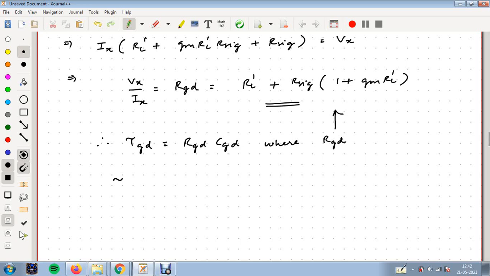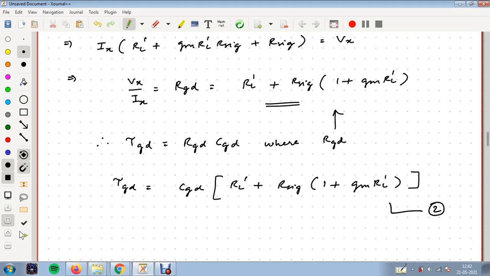I'll write it clearly here. So tau GD is equal to CGD into RL prime plus R signal into 1 plus Gm RL prime. This is equation 2, the second equation, tau GD.